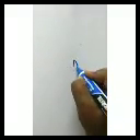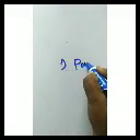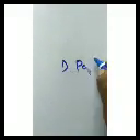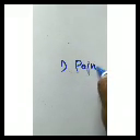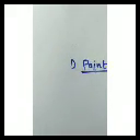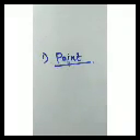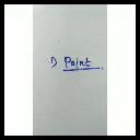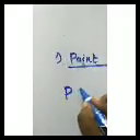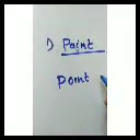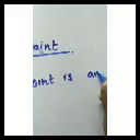The first one, point. What is a point? A point is an exact position or location.